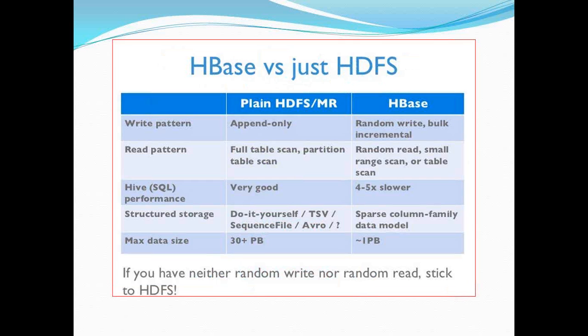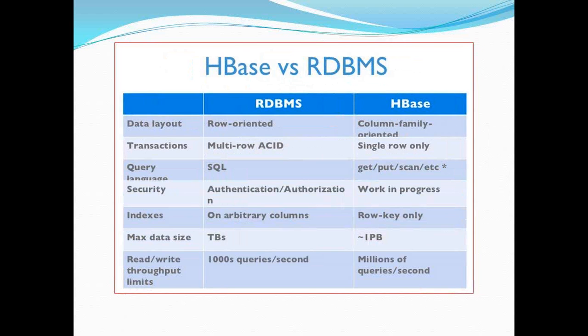As you can see, if you have neither random write nor random read, stick to HDFS. So just because you know HBase doesn't mean that you start using it. The most common use case for HBase is to have random read and random write when you know that your data will be in that format itself. It just gives some efficiency. At RDBMS level, these are some of the key things that you are seeing.